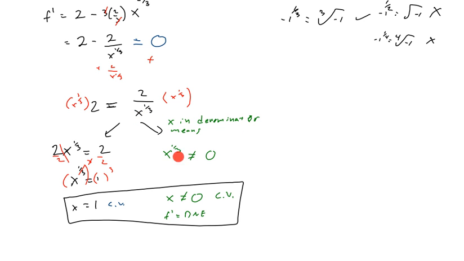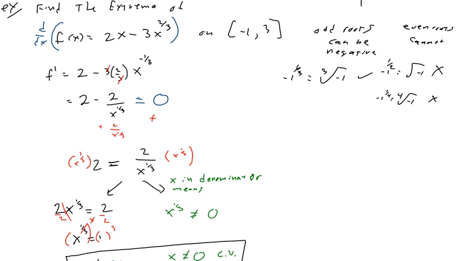So I've got my two critical values, 0 and 1. I want to check that those critical values are in my range. Yep, that's fine. -1 to 3. 0 is in that range. 1 is in that range. We're good. And now, once we have our critical values, set up our chart.